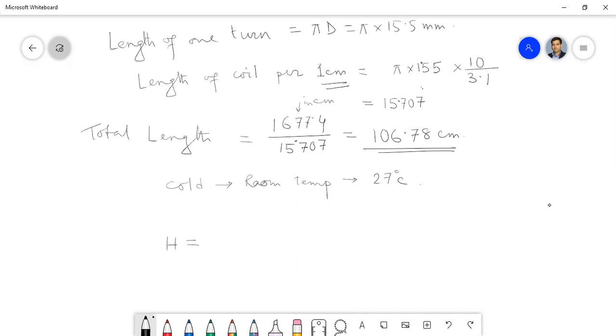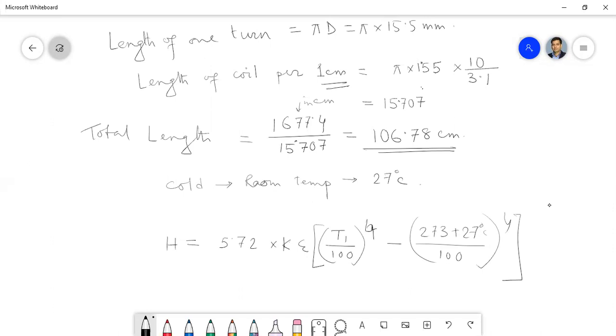H is equal to 5.72 into K epsilon into, and from this you have to find out T1 first.